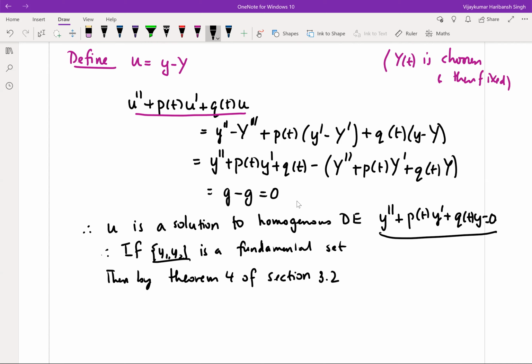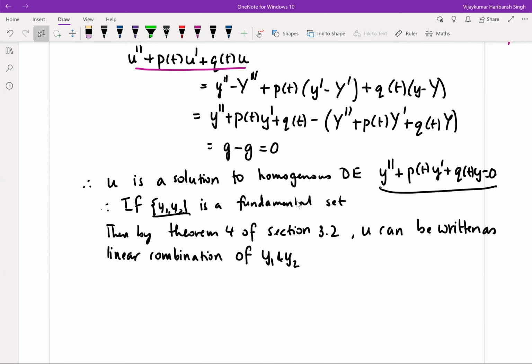So this would mean that by theorem 3.2, U can be written as a linear combination of y1 and y2. What does that mean? It means U equals C1 y1 plus C2 y2 for some C1, C2 coming from real numbers.